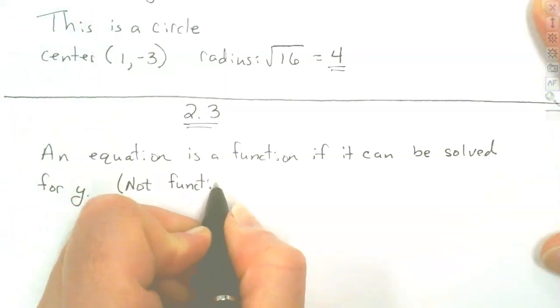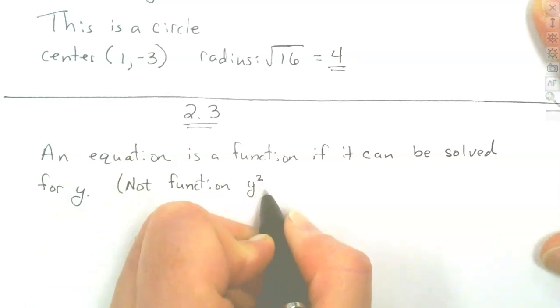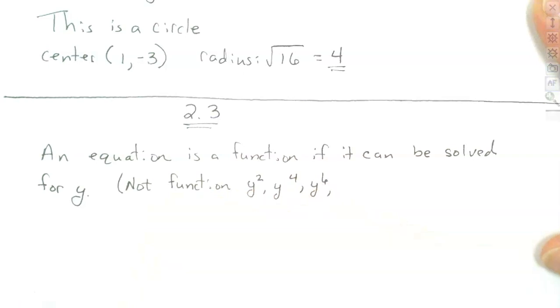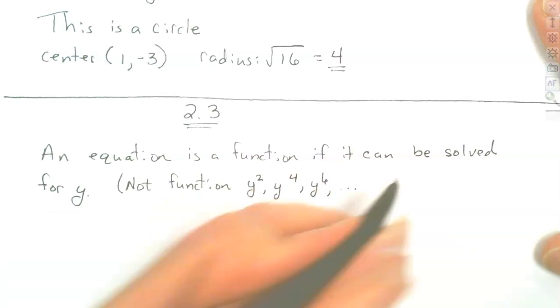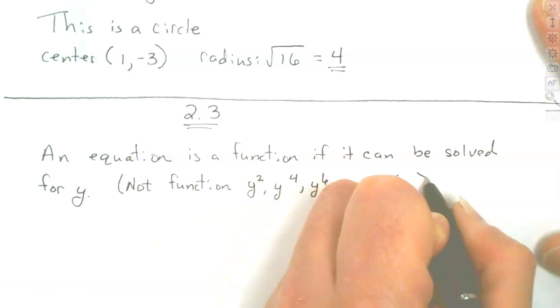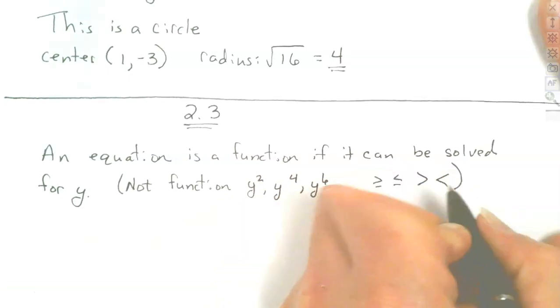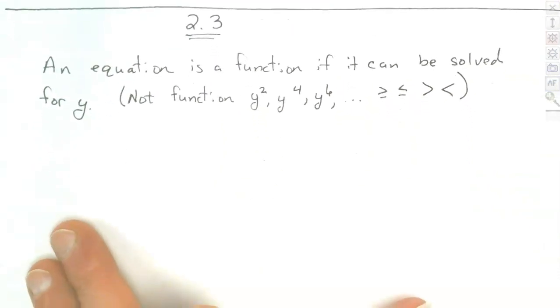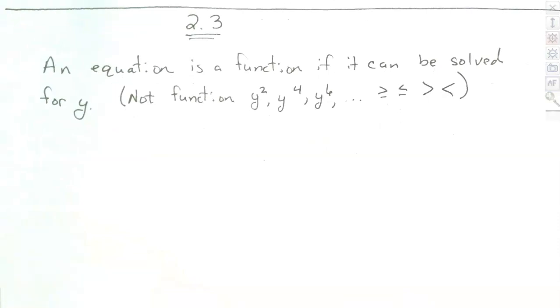Not functions are y squared, y to the 4th, y to the 6th, all the rest of those, and also inequalities. They are not functions either because they break the vertical line test. And we talked about that last time. The vertical lines, we drew those vertical lines, and we used that to figure out if it was a function or not. And so an equation is a function if it can be solved for y.